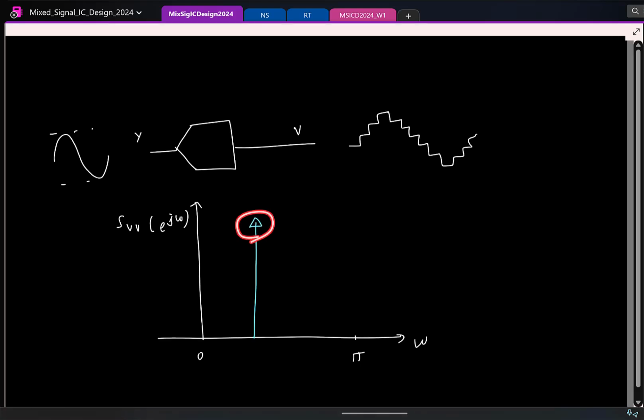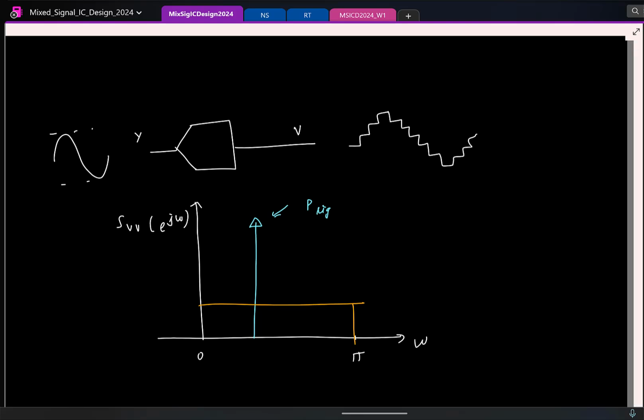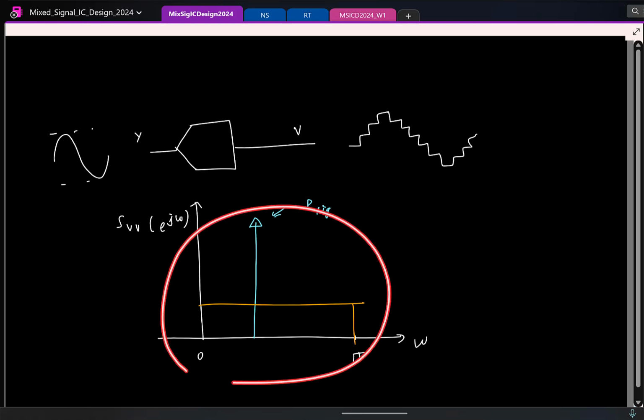So my sinusoid will have this impulse, my quantization noise will have a flat spectrum, right? Now from this I can distinctly see, hey, this is my signal, this is my noise. The area of this impulse will give me the signal power, that is the power in the sinusoid. To find the quantization noise power, one thing I can do is find the total power in the signal.